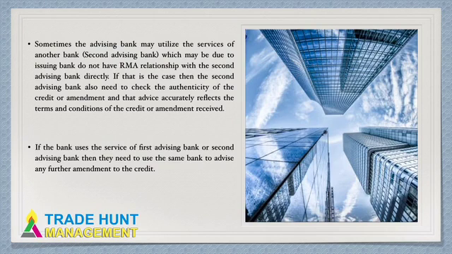So if that is the case, then the second advising bank also needs to check the authenticity of the credit or amendment, and that the advice accurately reflects the terms and conditions of the credit or amendment received. And if the bank uses the service of the first advising bank or second advising bank, then they need to use the same bank to advise any further amendment to the credit.